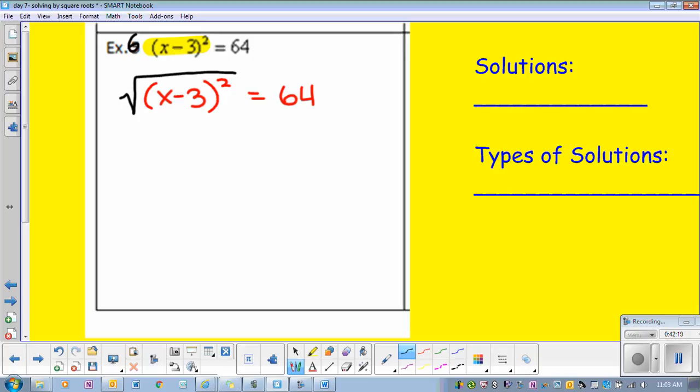Whatever you do to one side, you do to the other side. But when you draw the square root, you have to put plus or minus. So then this square root and that square cancel out. Then you're left with x minus 3 equals plus or minus, what's the square root of 64? 8.